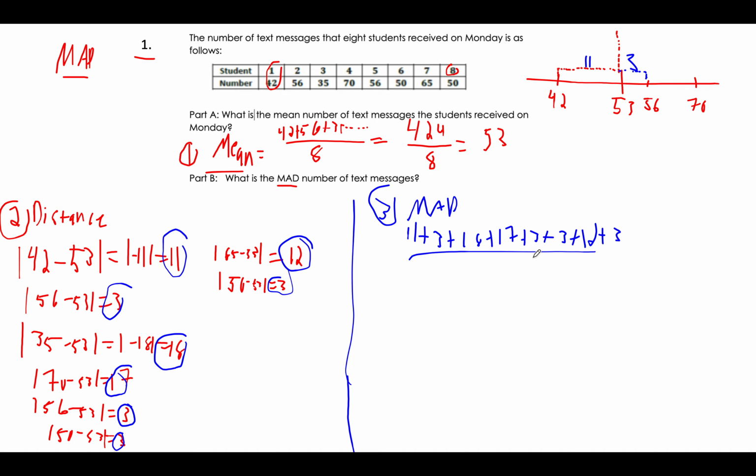Then we're going to divide that by the number of points that we have. That's going to give us 70 over 8. It's going to give us 8.75. So that means that on average, the points are 8.75 texts away from the mean.